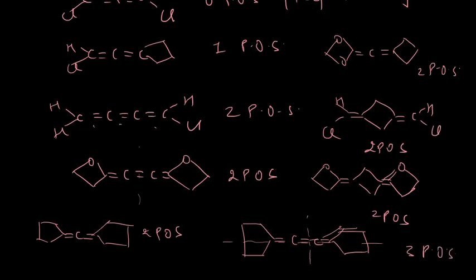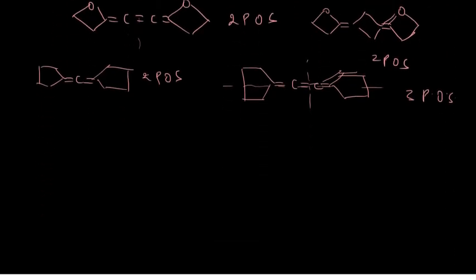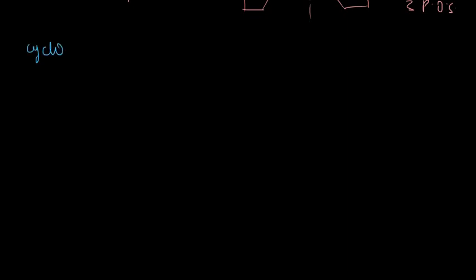Now first we looked at the allenes. Now the second type of compound we are looking at is cyclo compounds.